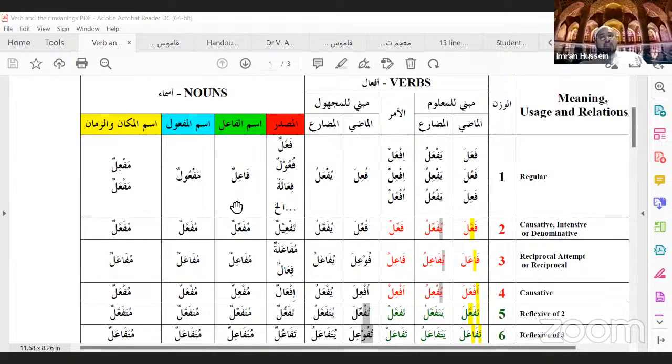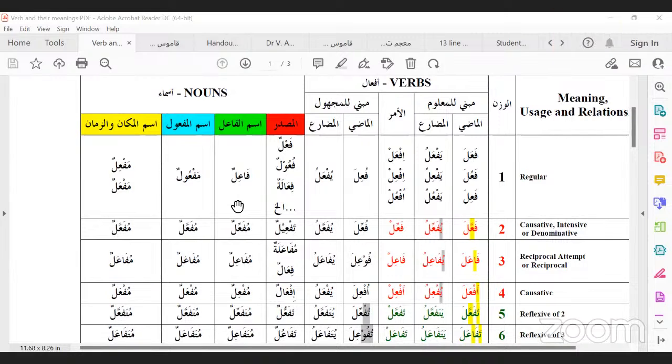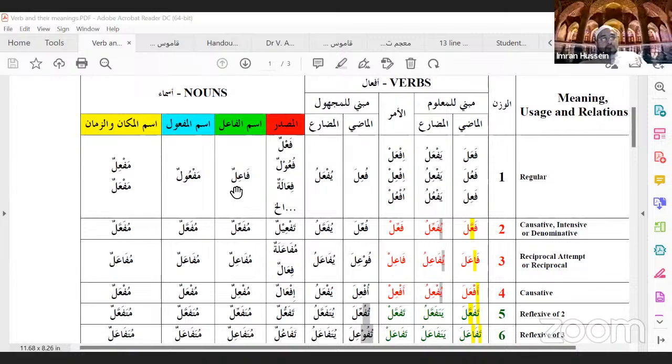In Muslimun, Muslimani, and if it's 2 females, you need to put the ta before the alif and the noon. So Muslimatun, Muslimatani.